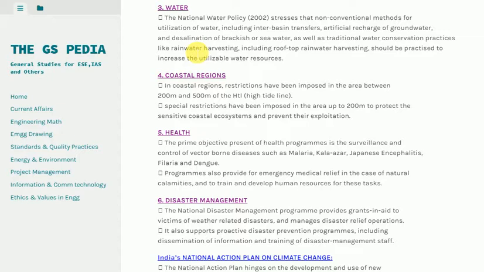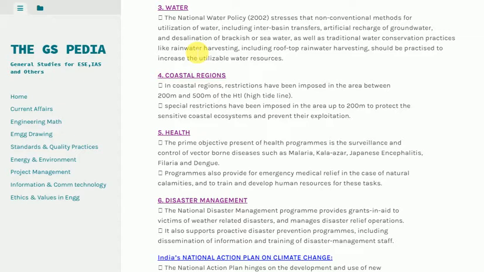4. Coastal regions. In coastal regions, restrictions have been imposed in the area between 200 meters and 500 meters of the HTL, the high tide line. Special restrictions have been imposed in the area up to 200 meters to protect the sensitive coastal ecosystems and prevent their exploitation. 5.